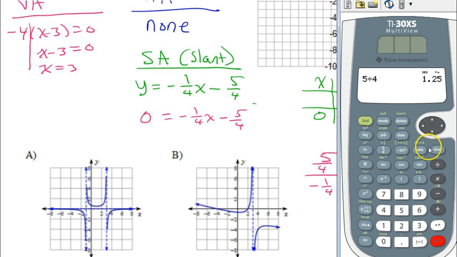So 5/4 divided by negative 1/4 gives me negative 5.